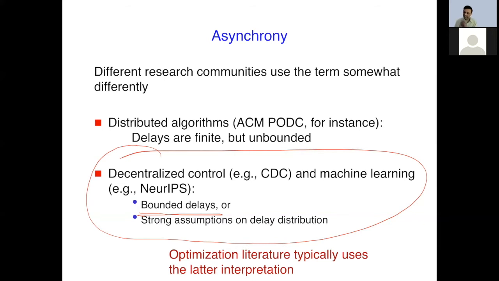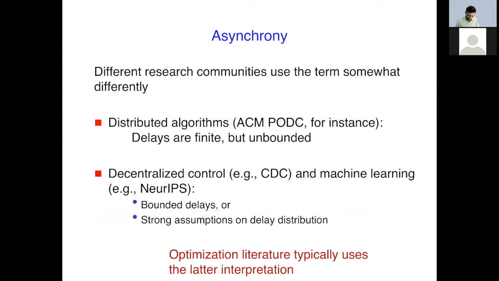Some such constraint is assumed, or the constraint may be stated slightly differently. And when there are no explicit bounded delay constraints, there may be very strong assumptions on how the delays are distributed. But the point being that these two groups of people are not really assuming the same thing when they refer to an asynchronous system. So generally, we'll just assume for the discussion here that the delays are bounded.